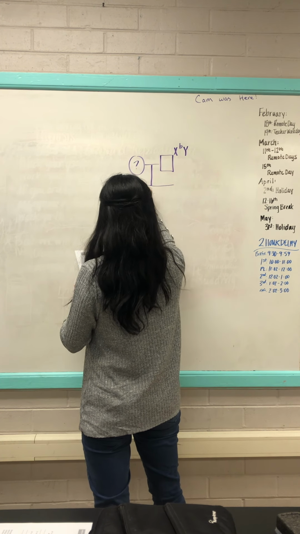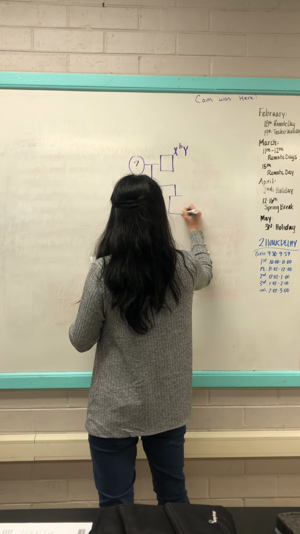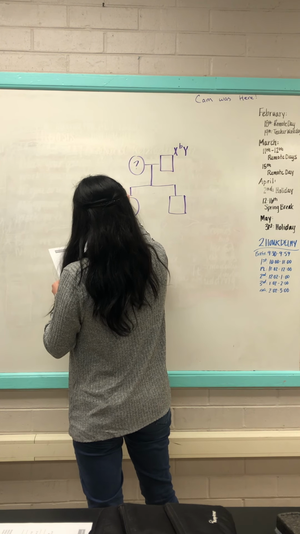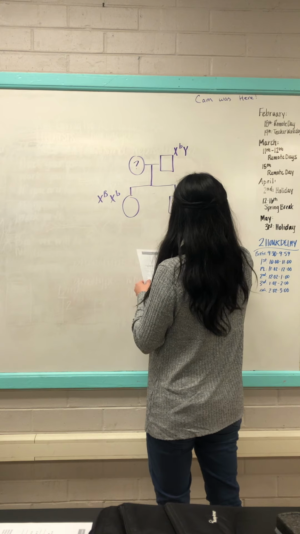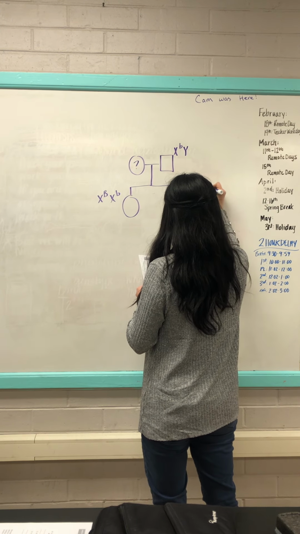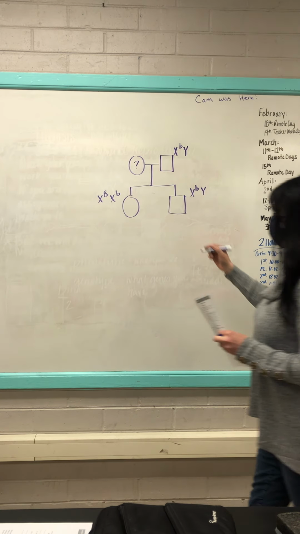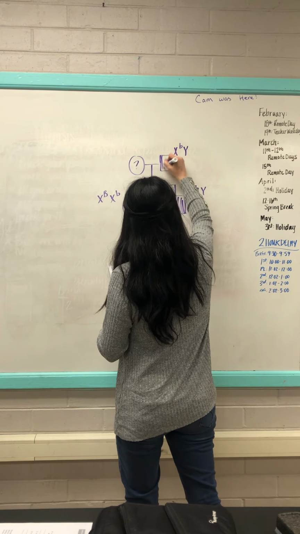How many kids did they have? Two. One girl and one boy. And we know the girl is X big B, X little b, and the boy is X little b and the Y. Okay, we know that the boy has it and the dad has it.